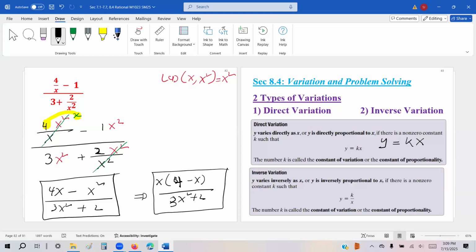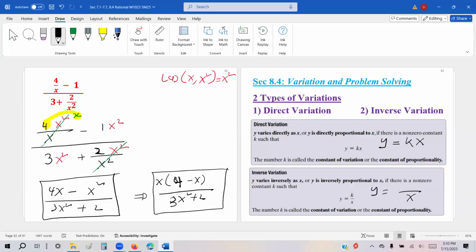And if two things are changing inversely, so one is going up, one is going down, we represent them using two positions. Y is changing inversely with X. So if Y is on the numerator, X has to be on the denominator. Or you can write X on the numerator, Y on the denominator. So one of them has to be on the top, one of them has to be on the bottom, because they have an inverse relationship.